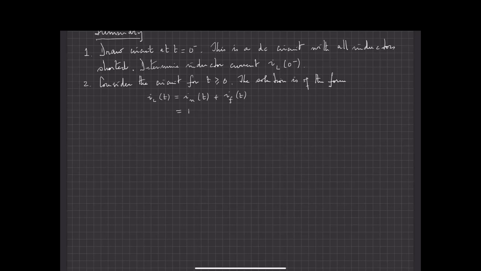And this is of the form A e to the power of minus t over tau plus IF. Well, let's leave it as IF of t for the time being. Okay.